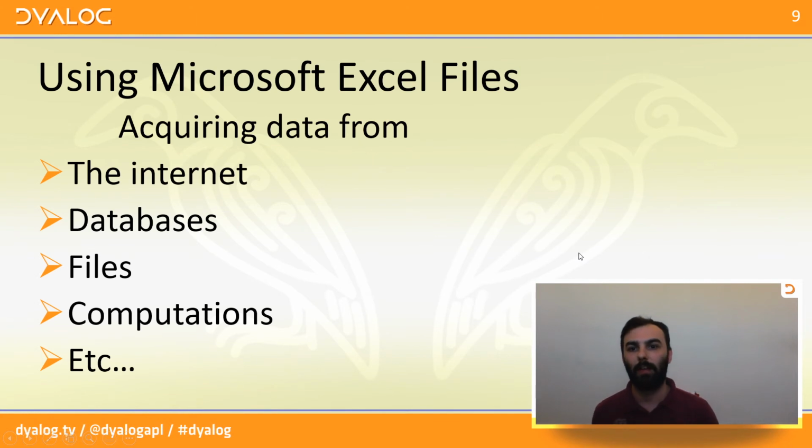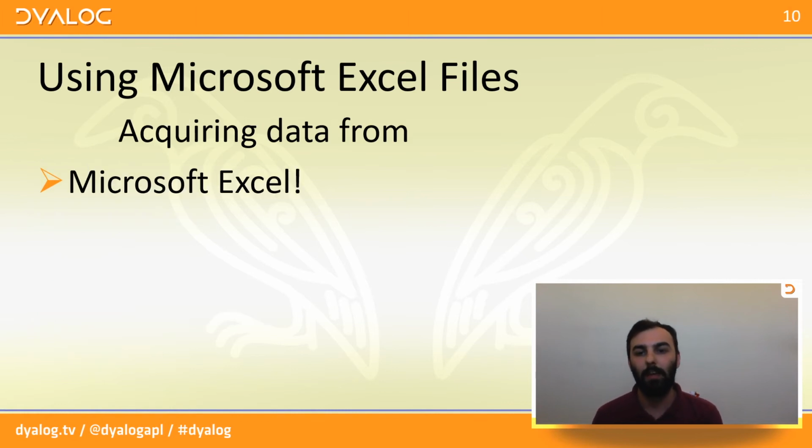To start with, let's put the tiniest piece of context here. Imagine your application is a Dyalog application written in APL, and it can be acquiring data from all kinds of places, from the internet, or perhaps you're reading from databases or files, or you're just performing computations and you need to output that data, or someone is sending you data, or you found some data that happens to be in Microsoft Excel format already.